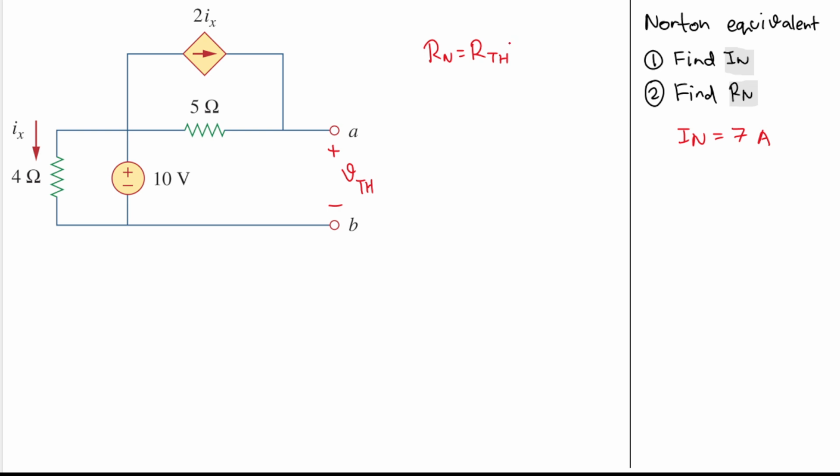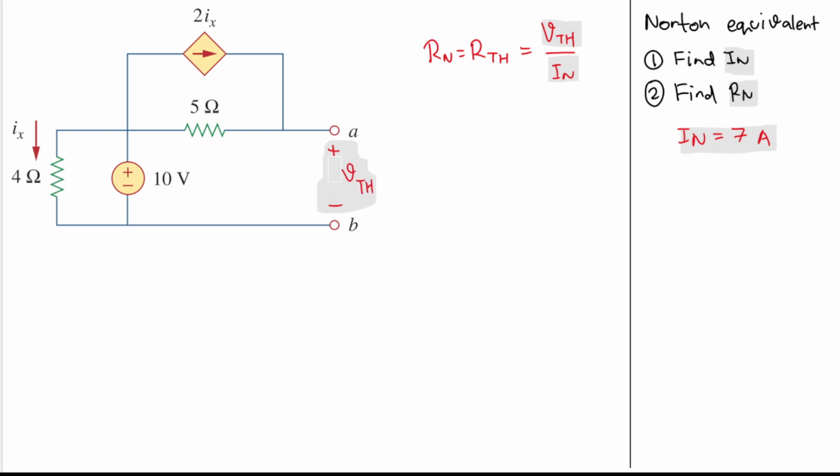So Norton and Thevenin resistance are equal, but that value can be calculated using VTH divided by IN, right? But we already have IN, which is 7 ampere. So all we need to do is to find out VTH here, and that is an open circuit voltage at AB, or this value here.